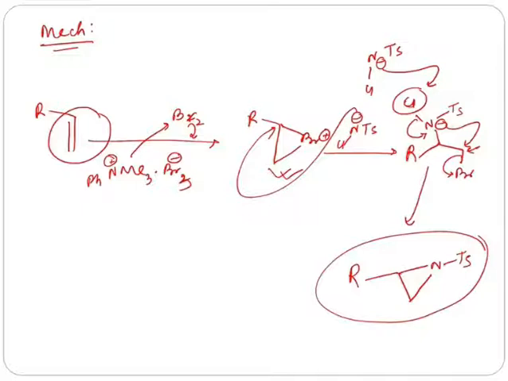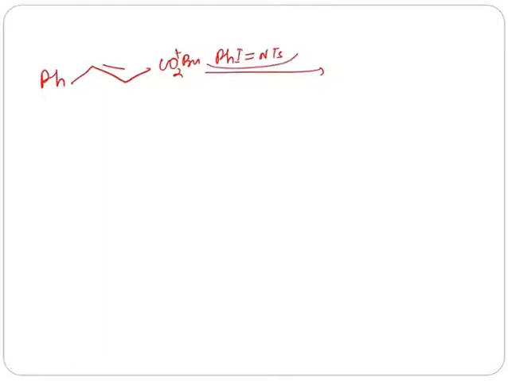Now I will discuss asymmetric aziridination, just to give you an example. Suppose this is our olefin source. Here we use the N-tosyl amino phenyl iodine, and copper triflate is used, and as well we use a chiral ligand, that is the bis oxazoline ligand.